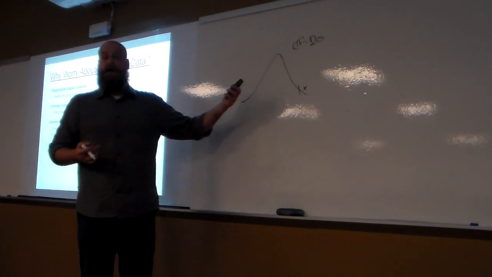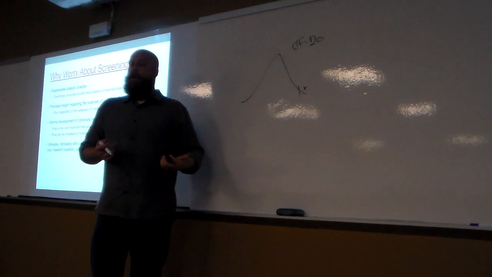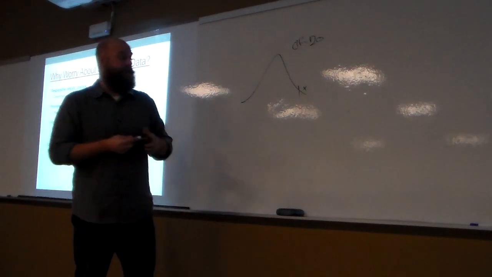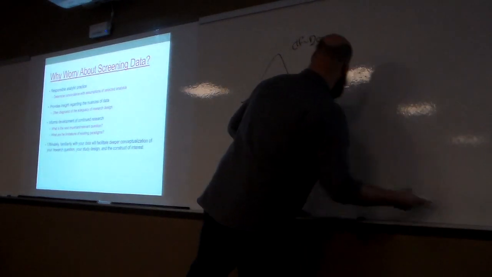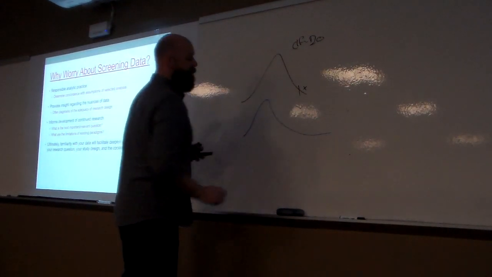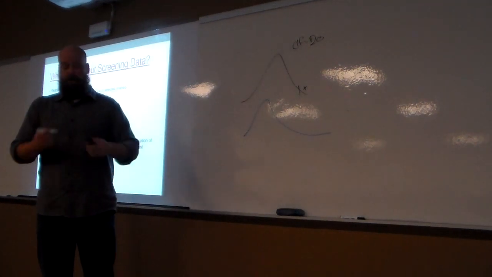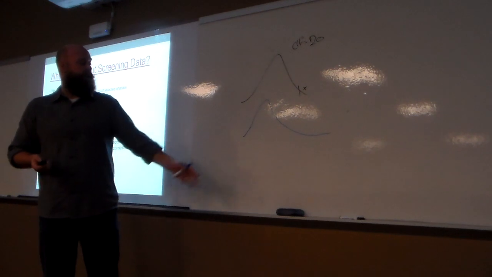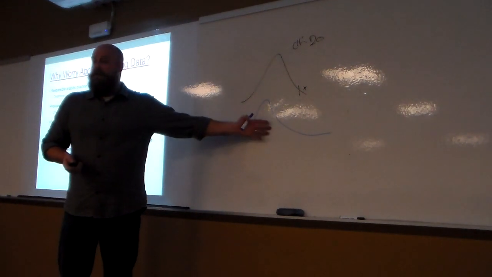But as soon as I violate all my assumptions, I don't know what distribution my test statistic has. It might be this, right? Or it could look something like that. With wacky assumptions or huge violations of assumptions, maybe this is what it looks like, right?